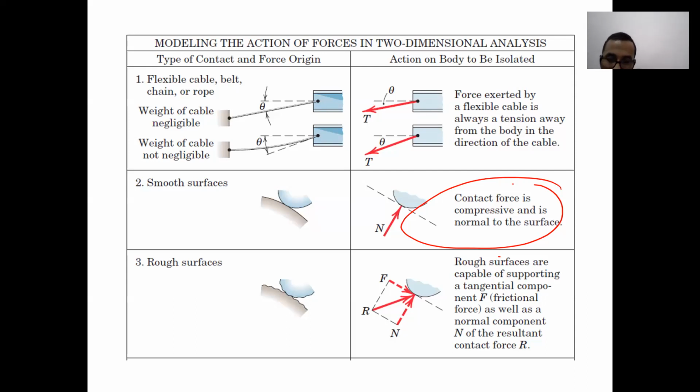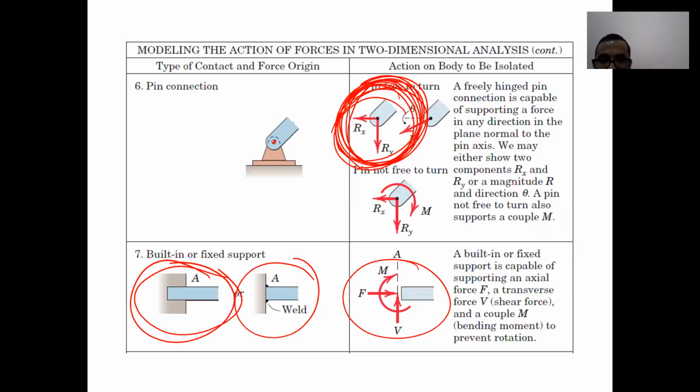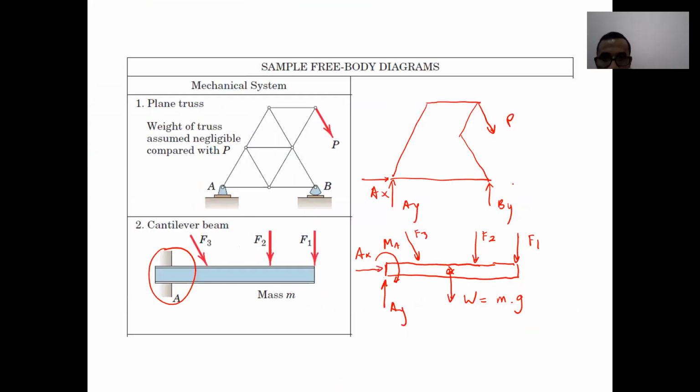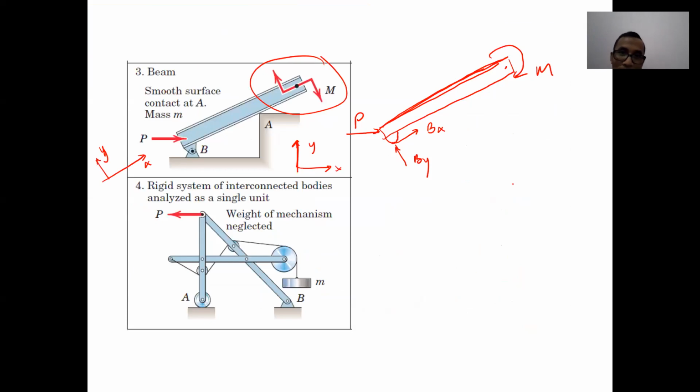So that's just AY, right? That's correct, just AY, and the AY is supposed to be normal to the contact area, like this. AY.